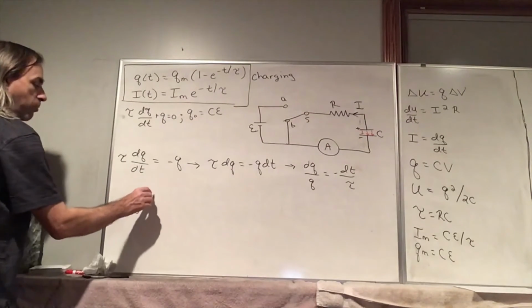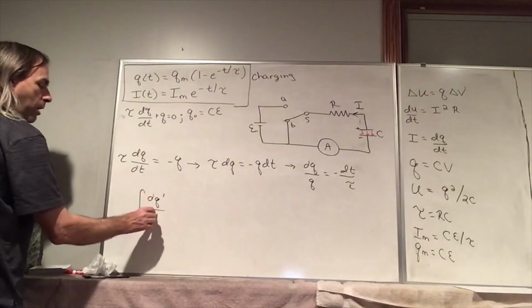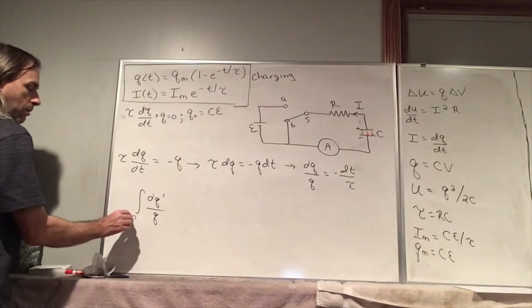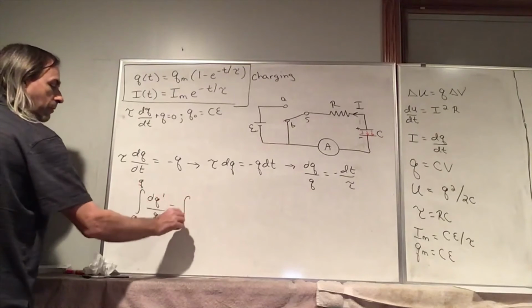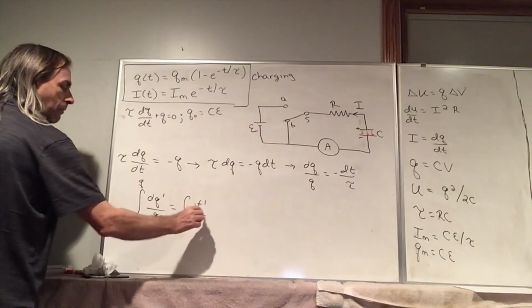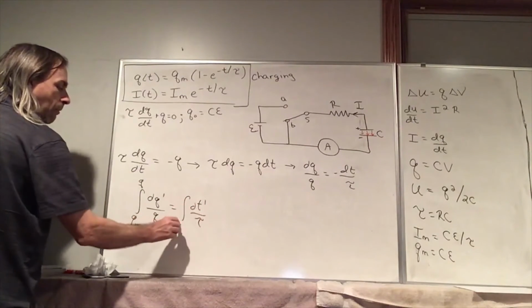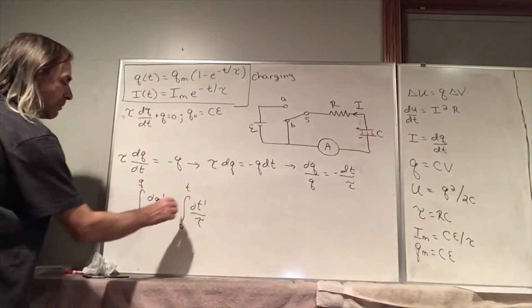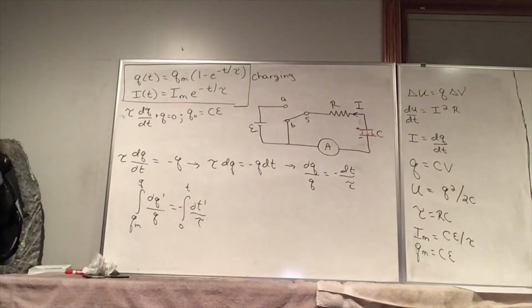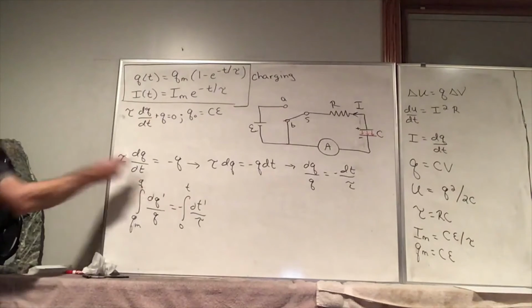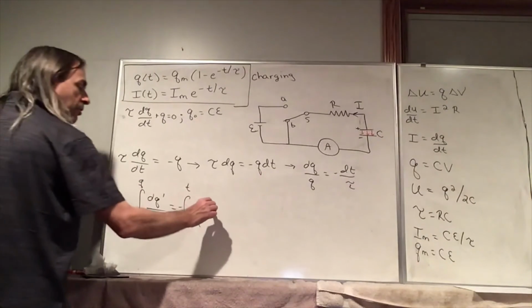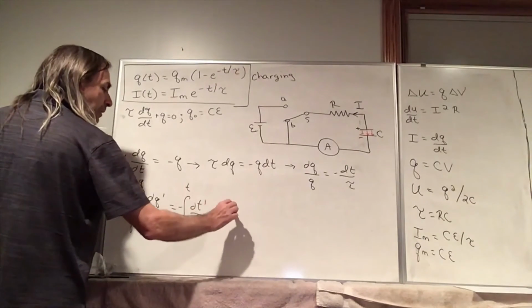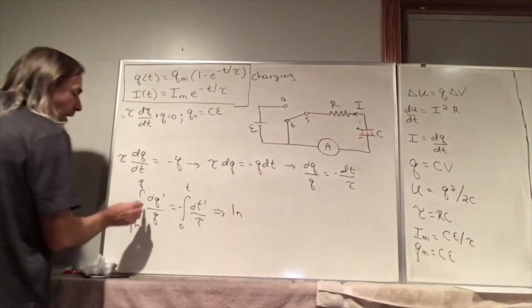So dQ prime, this is kind of where we were before, from Q max to Q. So here's where we were before, except now we have that minus sign, which we need. And so I'm going to do a shorthand here. This would be natural log.